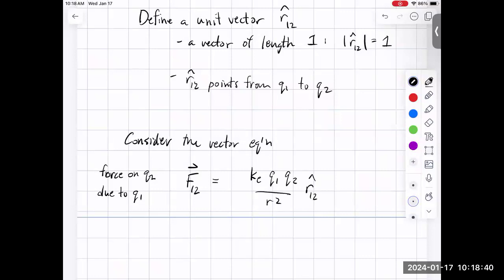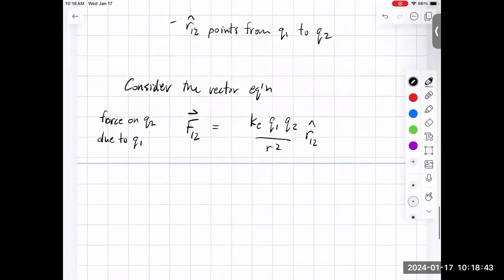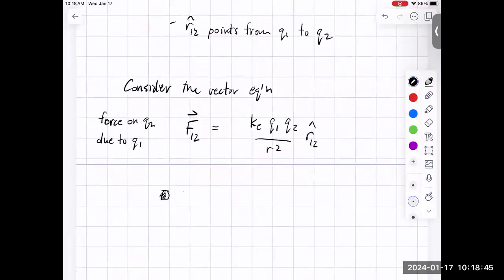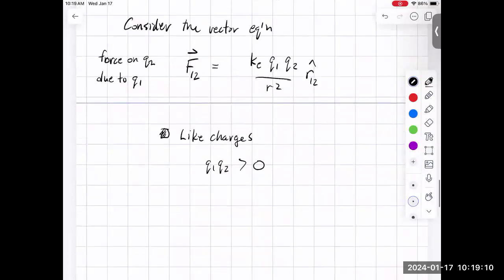And so now we consider the two possible cases. So these would be like charges. For like charges, Q1, Q2, if we take their product, it's positive. And it doesn't matter if they're both positive or both negative. In both cases, they're like charges and the product will be positive. So this could be 2 positive or 2 negative charges.